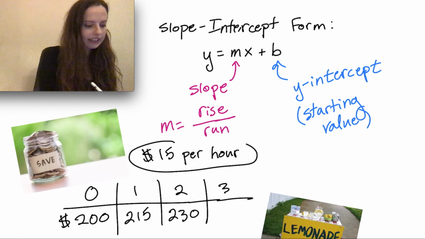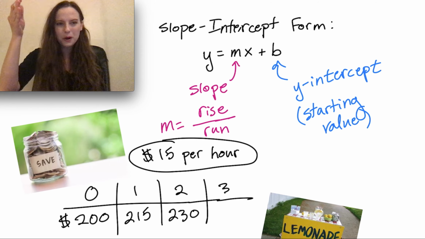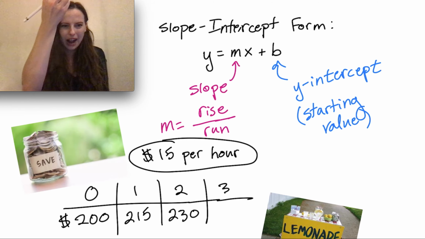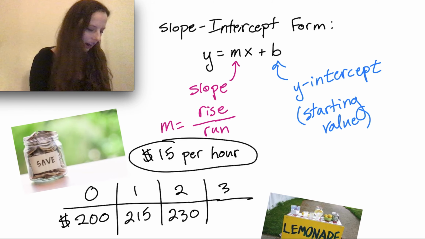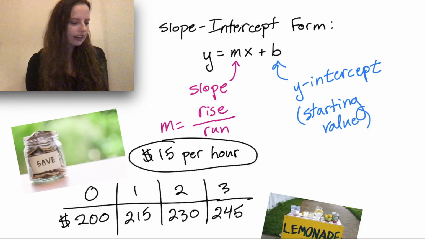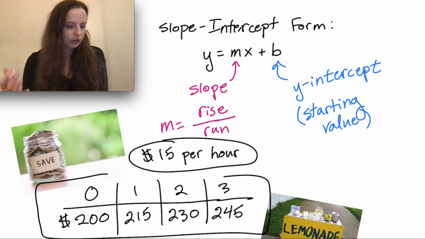In this example, 15 is the slope. That is how much your money is increasing for every additional hour that you work. So after your third day, you would be at $245.